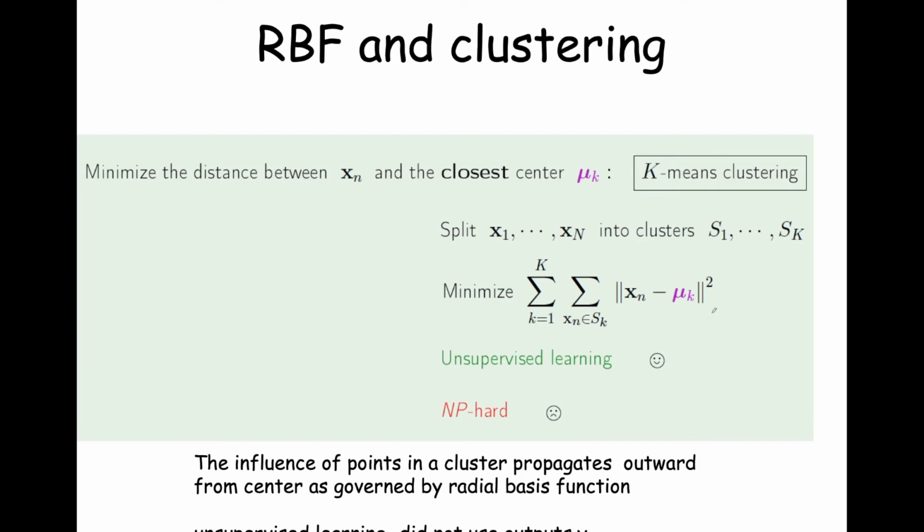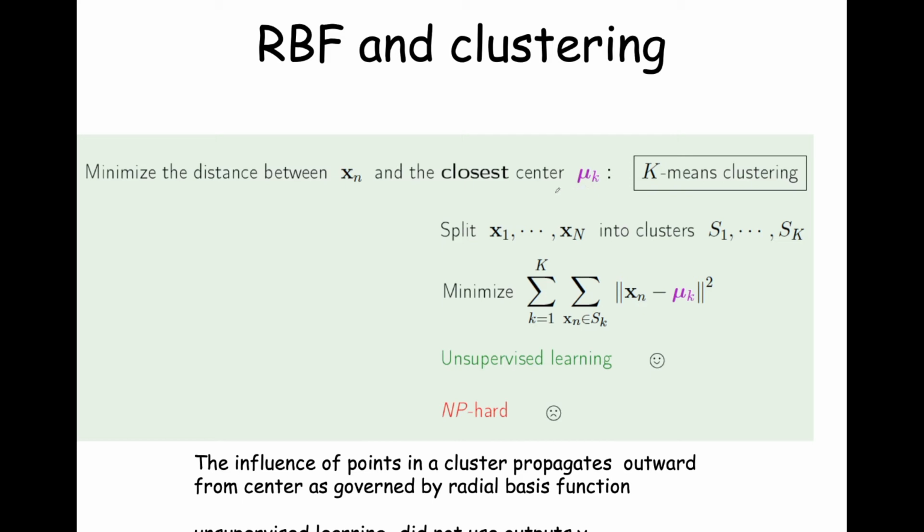And so essentially, we want to take each one of our in-sample points, and now we're going to minimize the distance between each one of our in-sample points and our K many centers. And this is going to be our k-means clustering. So we're associating our data points with the closest center, minimizing along the way as we go along.